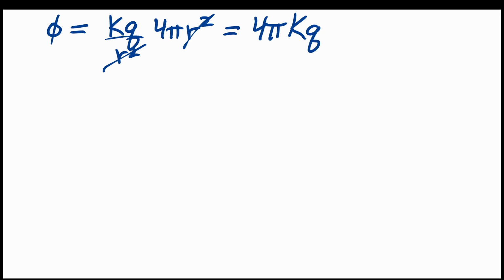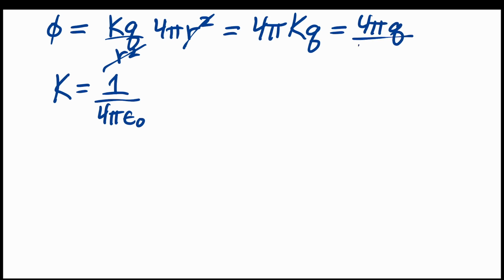But the definition of k is actually 1 over 4 pi epsilon 0, right? So from that we can rewrite 4 pi q divided by 4 pi epsilon 0. The 4 pi cancels. We get q divided by epsilon 0.